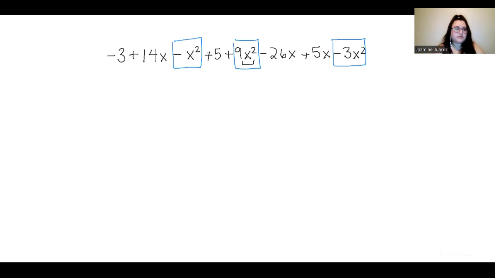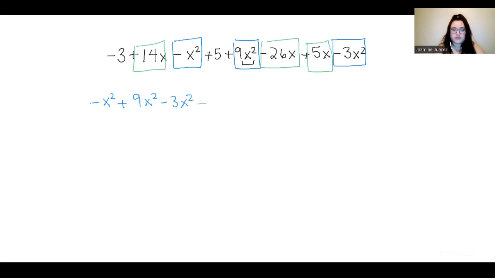And I'm going to rewrite this down here. Negative x squared plus 9x squared minus 3x squared. Those are all my x squared terms. My x terms, I have a 14x, a negative 26x, and a 5x.